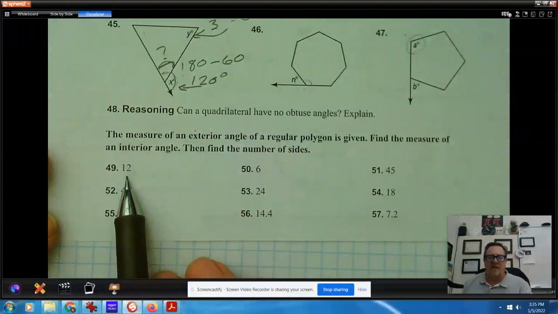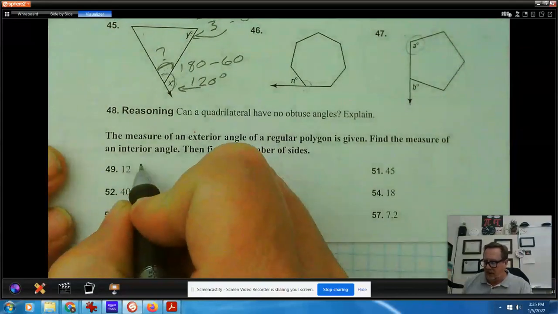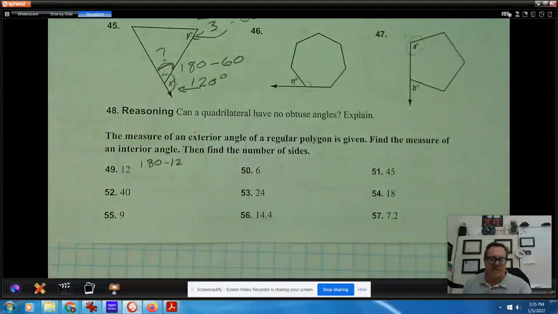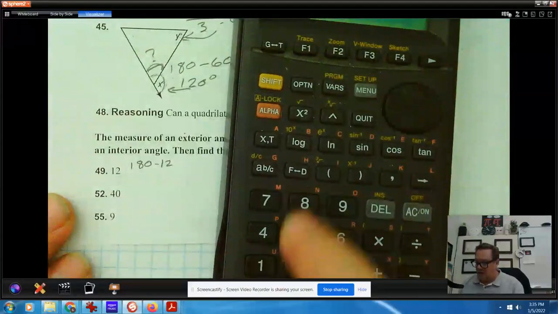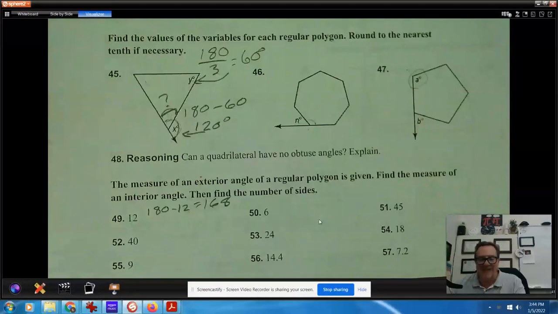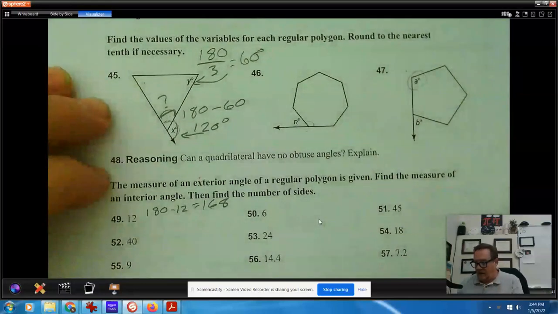It's giving us the measure of an exterior angle. To find the interior angle, we'll do 180 minus the number they give us. 180 minus 12 gives us 168.